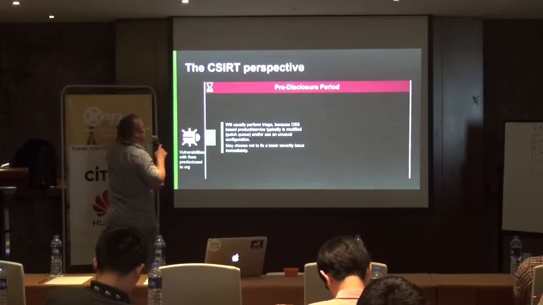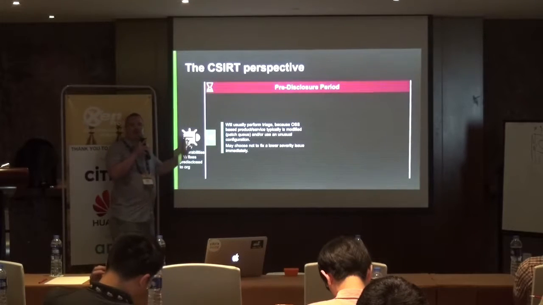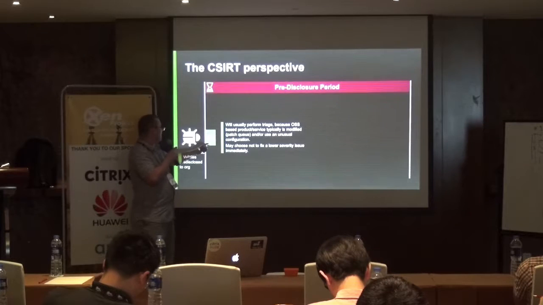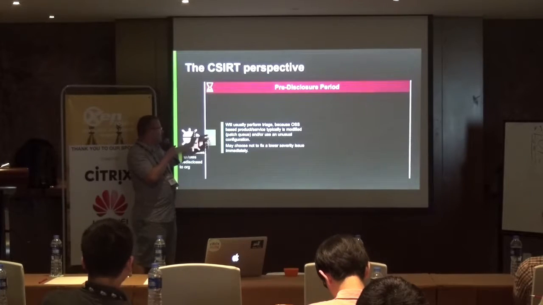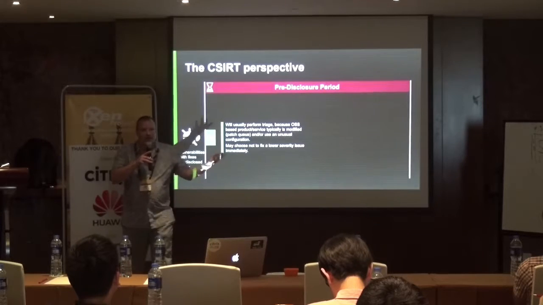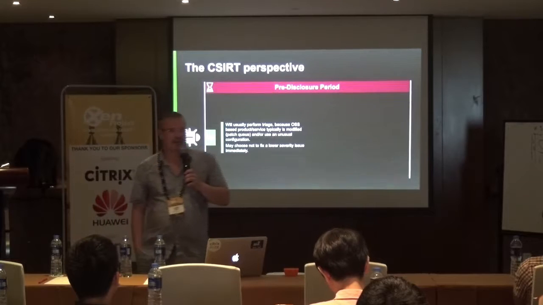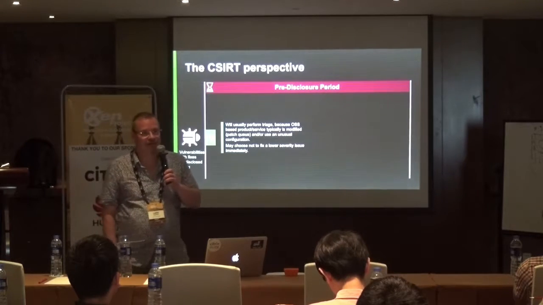So now we have the situation, we have a pre-disclosure period. The bug comes from our open source organization via pre-disclosure list. Obviously the security organization in the commercial part will do a triage as well, right? They will try and see whether the security issue which has been reported to them actually affects them.